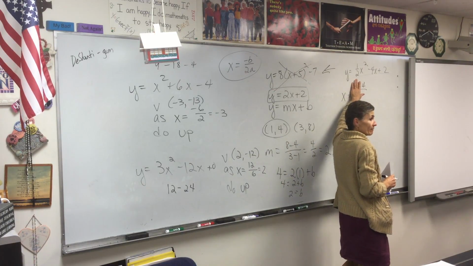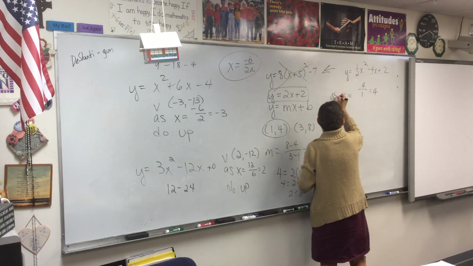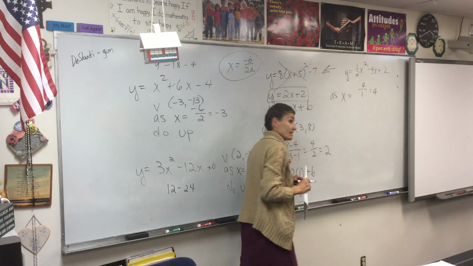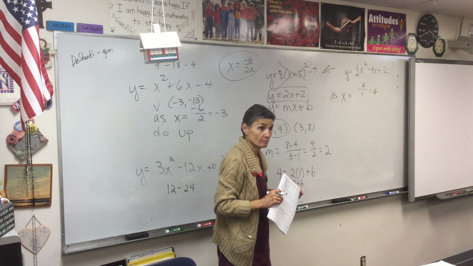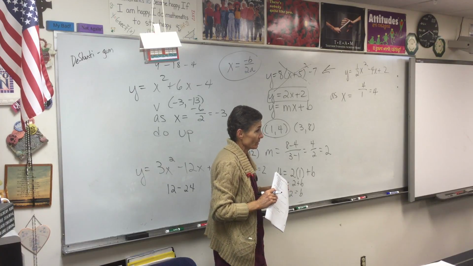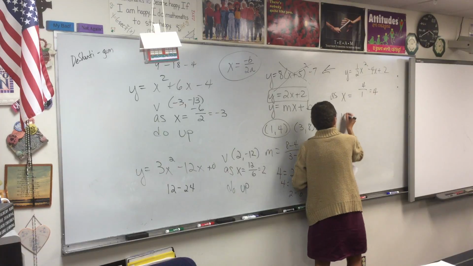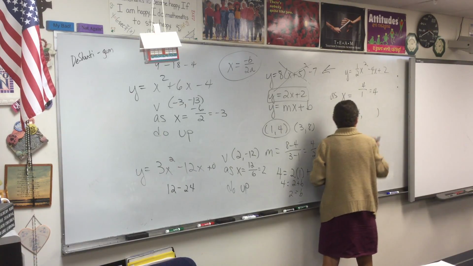What's 2 times a half? 1. That worked out. So your axis of symmetry is x equals 4. What's going to happen if you don't write x equals? You're going to lose some points, and that's dumb, right? X equals. Your vertex is 4 comma.